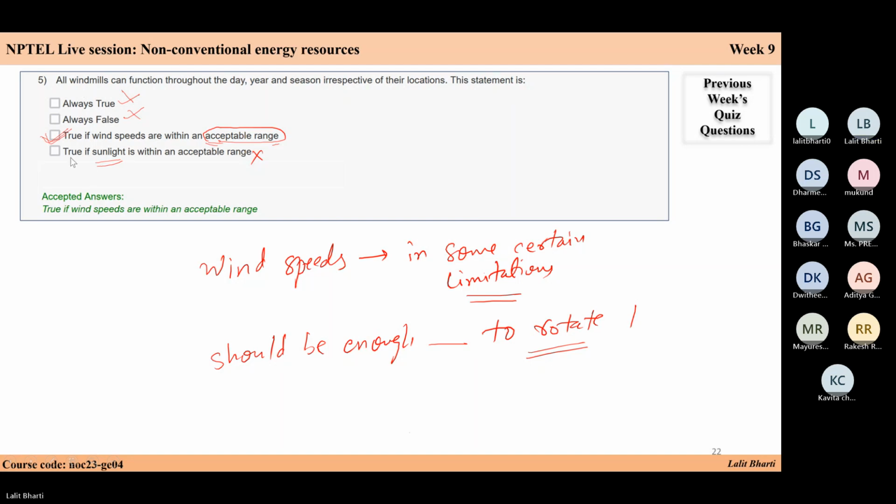Option 4 says it is true if sunlight is within the acceptable range. Sunlight cannot be directly related. We know that solar energy is related to wind energy, but it is not directly related to the wind currents here. So option 3 is correct only. 1, 2, and 4 are incorrect.